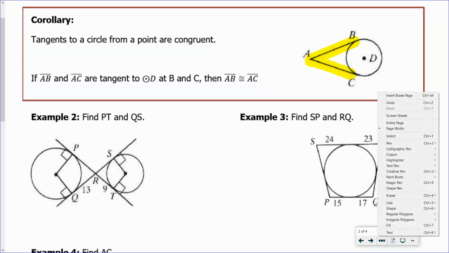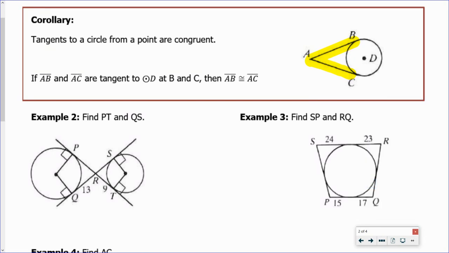I'm just going to do a quick informal proof of that for you right now. If I were to draw in the radii, D to B, and then C to D, we know a couple things already. One is that AB is tangent to the circle at point B, so there'd be a right angle formed right here.